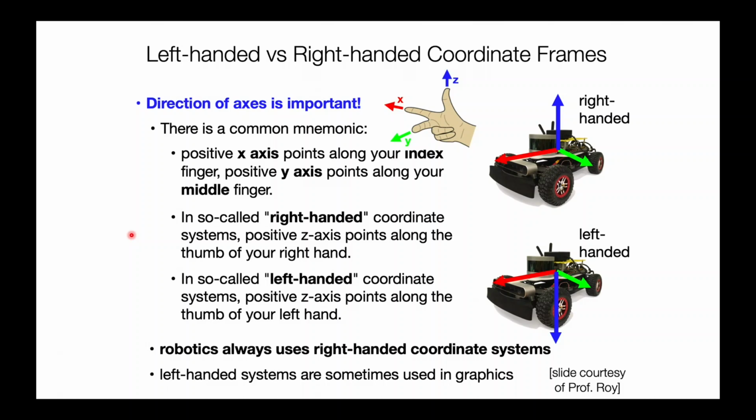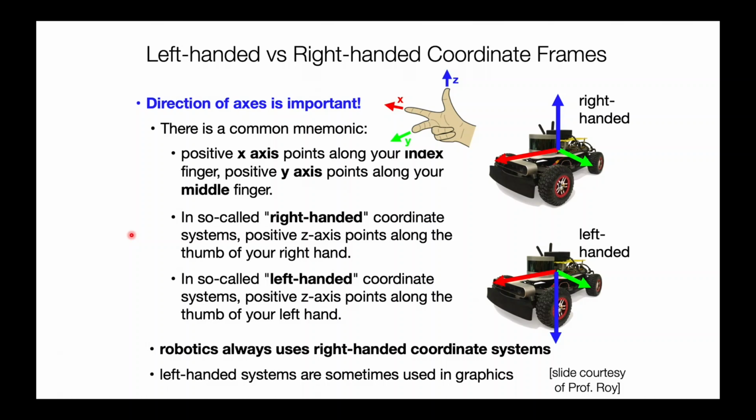In other words, if you place your right hand in the depicted orientation on any robot, that will give you the convention in terms of the directions of these three axes with respect to each other. So in the so-called right-hand coordinate system, the z-axis points along the thumb of your right hand.